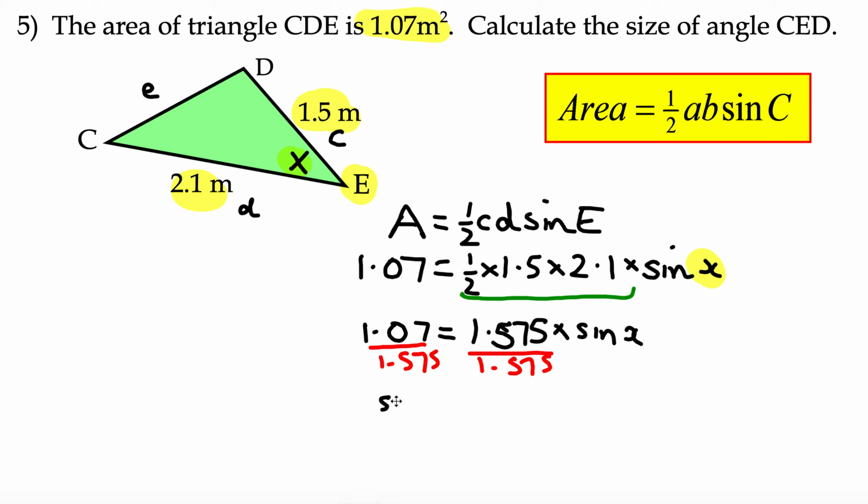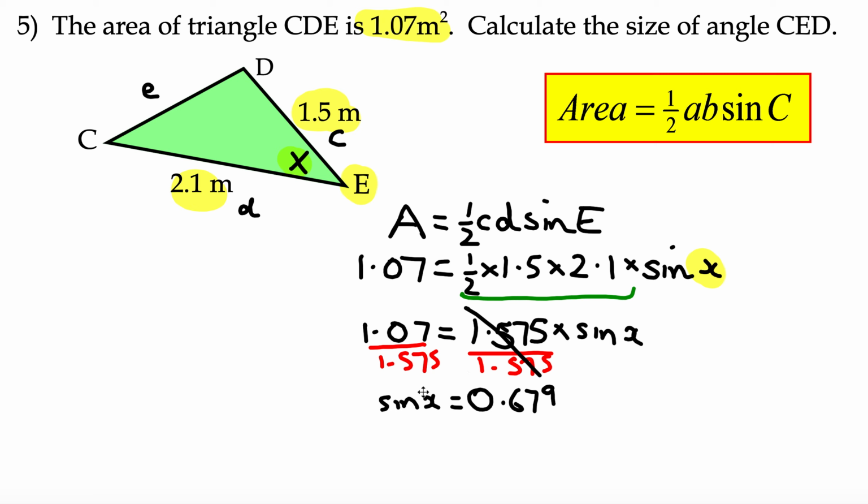So I've got sine x is equal to, they cancel out, that's why there's nothing multiplying sine x, and on the left hand side I'm going to move that to the right. I've got 1.07 divided by 1.575, and that gives me 0.679, and that's to 3 decimal places.